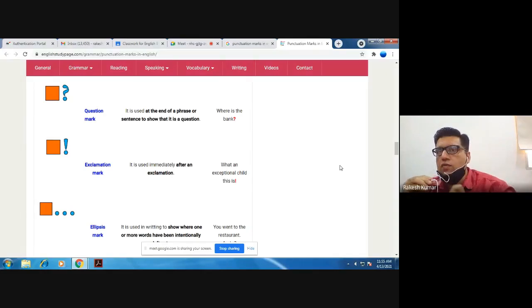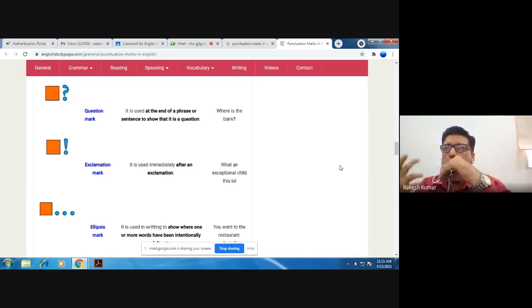Then we have the exclamation mark. It is used immediately after an exclamation. What does it mean? They are saying there are different moods, like when you are too sad or too happy. In these kinds of situations, we use it. For example: What an exceptional child this is!